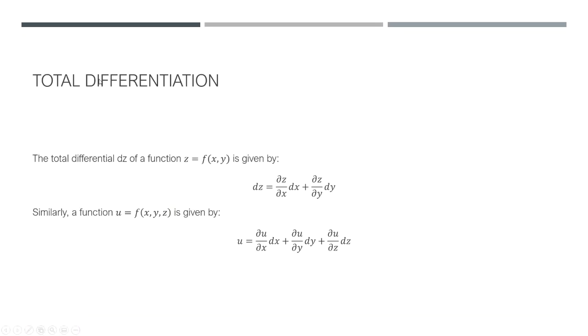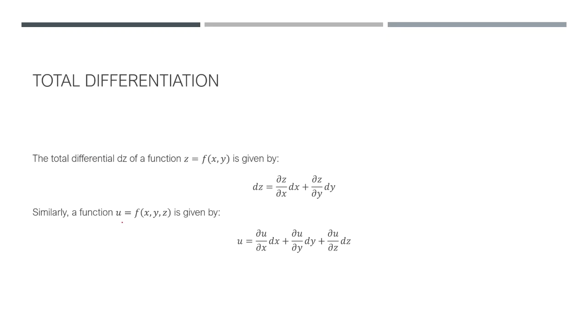So the total differentiation dz of a function z = f(x, y) is given by dz, the letter d, z, which is equivalent to partial derivative of z with respect to x plus partial derivative of z with respect to y.